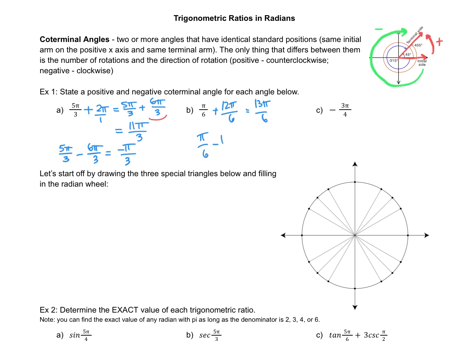A negative coterminal angle, so subtract 2 pi again, but in the common denominator form, and we have negative 11 pi over 6. I'm choosing to just add or subtract once, but again, you can do it as many times as you'd like. Last one, take a pause, try it on your own, come back and check with the video.